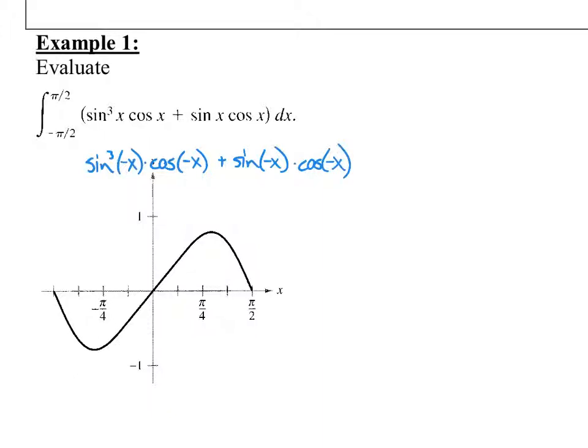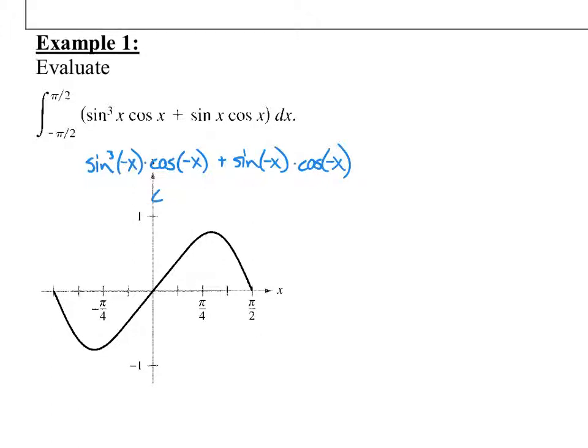Let's simplify these based on our even and odd identities from last year, okay? Cosine itself is an even function. We just saw that earlier when we looked at 2 cosine of x. So if I have cosine of negative x, that's going to give me cosine of x. Good, Peter.